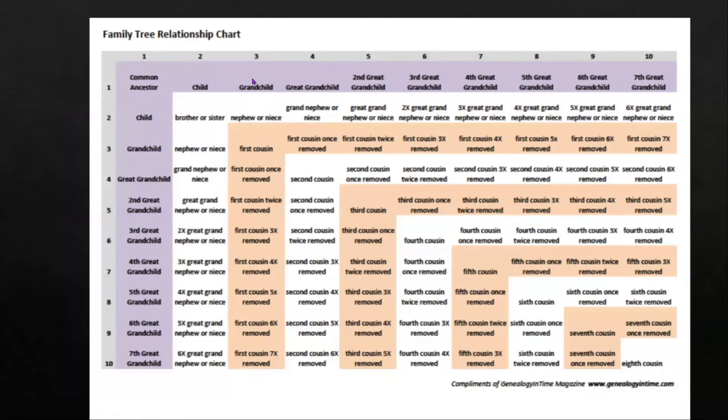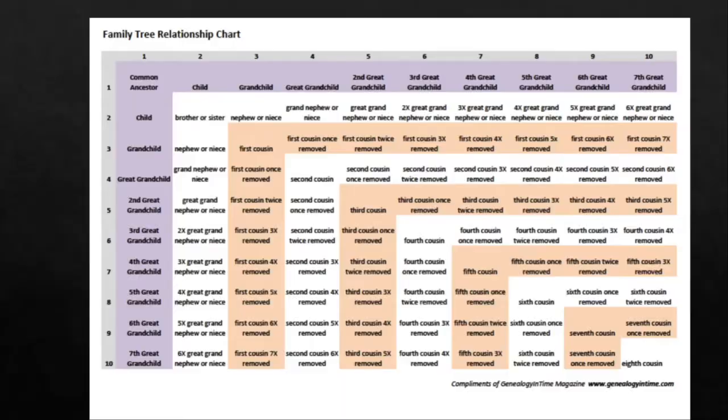If someone is the grandchild of the most common ancestor, but the other person is the third great grandchild, then they're your first cousin 3 times removed. So this one, it can be you that you're looking at as one of the lines, or it can be 2 people that you're trying to figure out. So it's not just in relation to you.